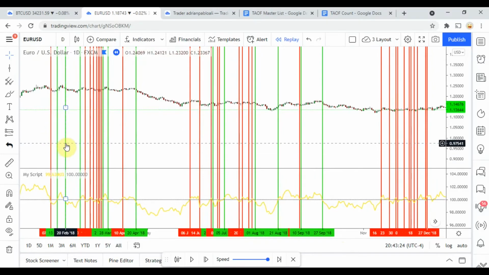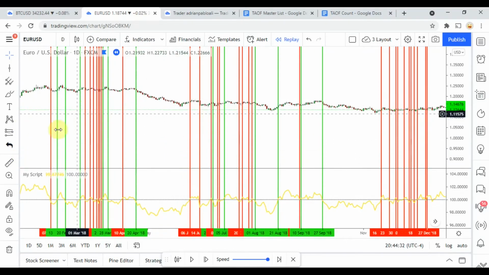So 1, 2, 3, and so on up to 42. So we have 42 total signals.